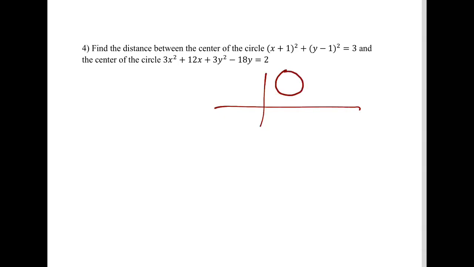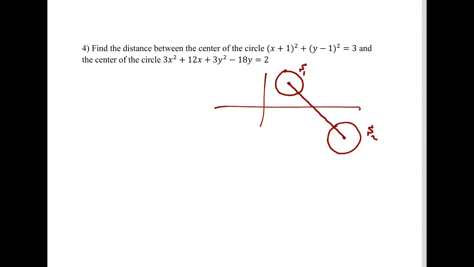For example, let's say the first one is over here, so that's circle 1, and the other one could be over here, and that's S2 with its own center. So this question asks for this distance. What is the distance from this center to the other center?